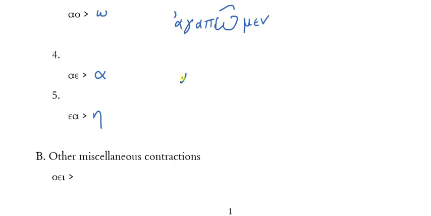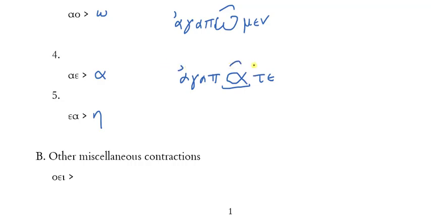Okay? So let's just use this as an example here. We have agapao. And let's say we want to say, you all, plural, love. Agapa, te. What's my connecting vowel before the personal ending? It's an epsilon, and the alpha epsilon is going to contract and become what? What kind of alpha? That's a long one. It's short before, right? But now it is long. I'll make the little Jesus fish here.